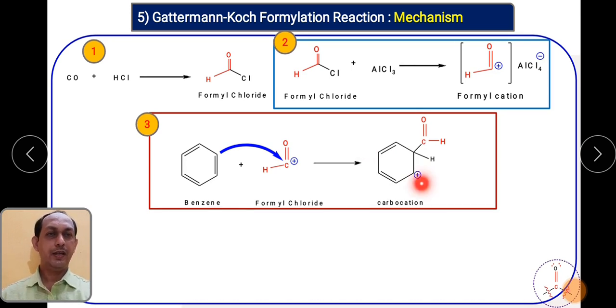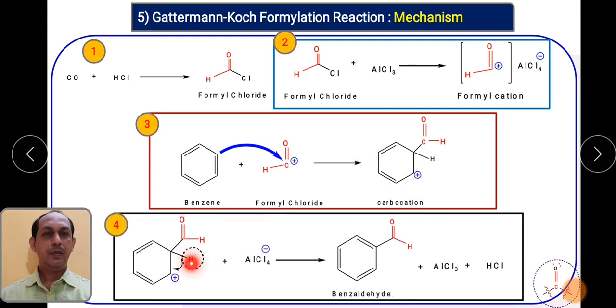Once the carbocation is formed, in the next step this proton is removed by AlCl4 minus, and the disturbed aromaticity of the benzene ring is maintained again to form benzaldehyde. So remember, benzene gets converted into benzaldehyde.